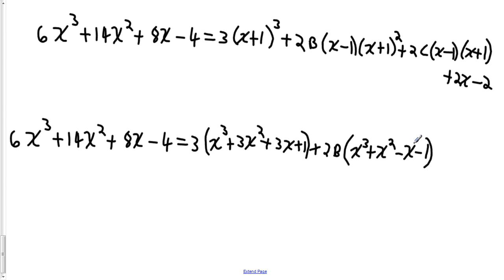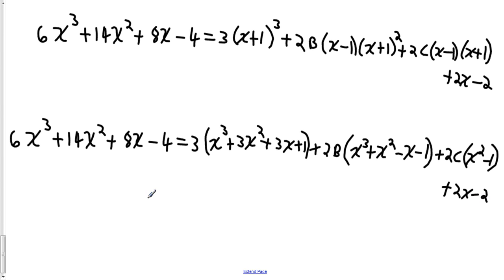That's when you multiply out x minus 1 times x plus 1 squared. All right, obviously when you multiply x plus 1 and x minus 1, that's a difference of squares. So you get 2c times x squared minus 1. And of course, we still have our plus 2x minus 2.